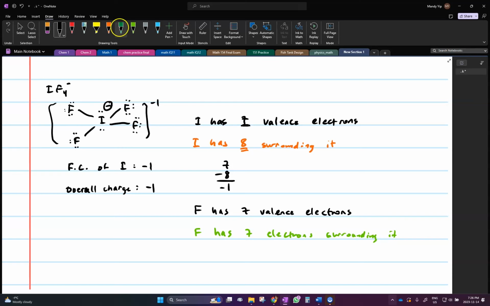So in this case, fluorine is going to be more electronegative than iodine because fluorine is the most electronegative element on the periodic table.